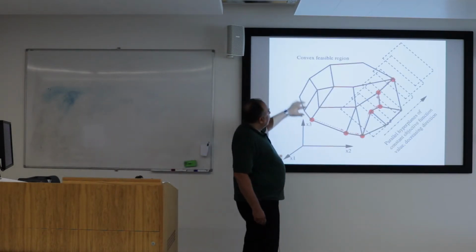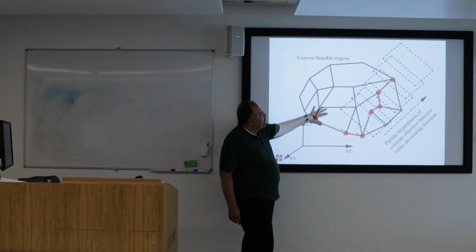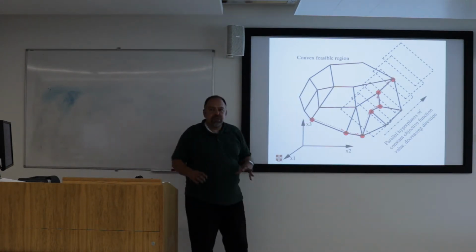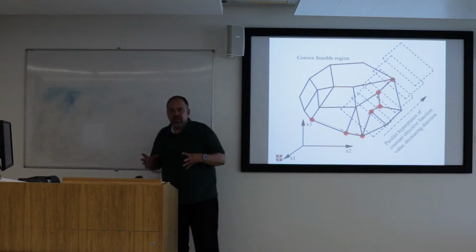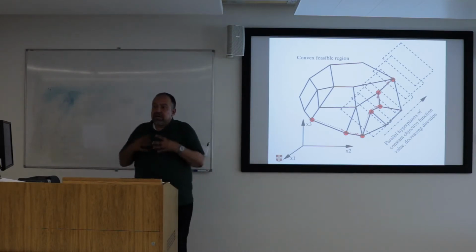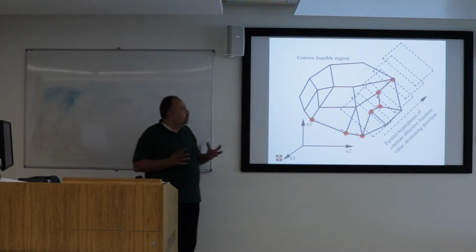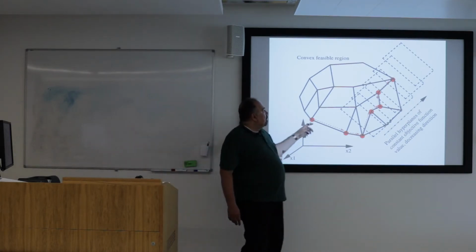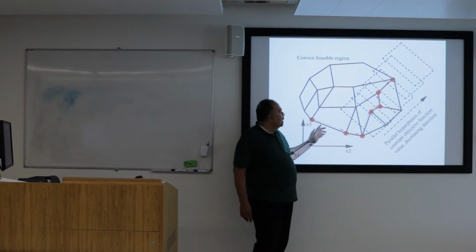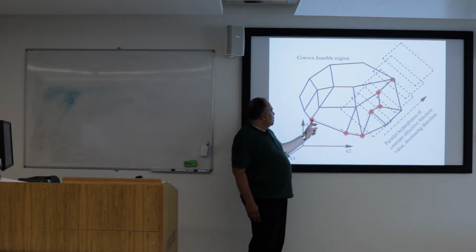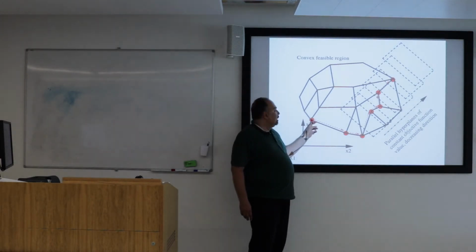You start from here. This is the feasible region. In general terms, it is called a polytope in higher dimensions, which is a multidimensional polyhedron. So the solutions we know are to be found on some vertex. So you start at a vertex, provided you identify one.